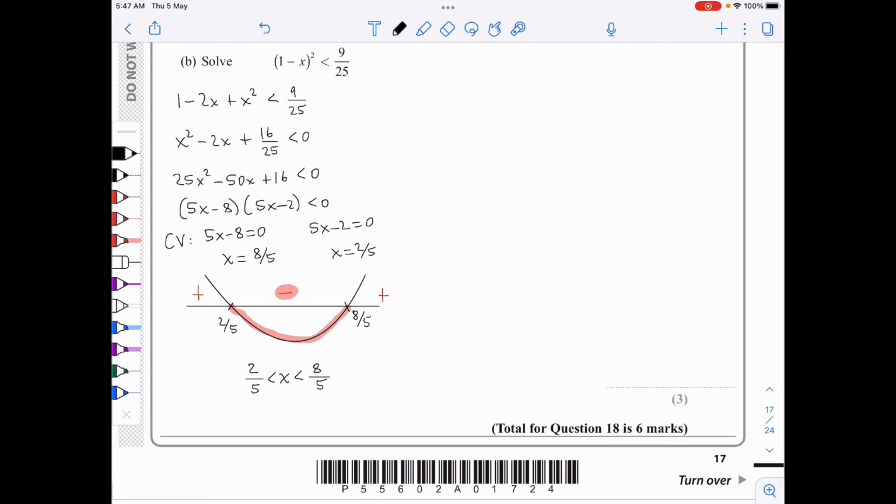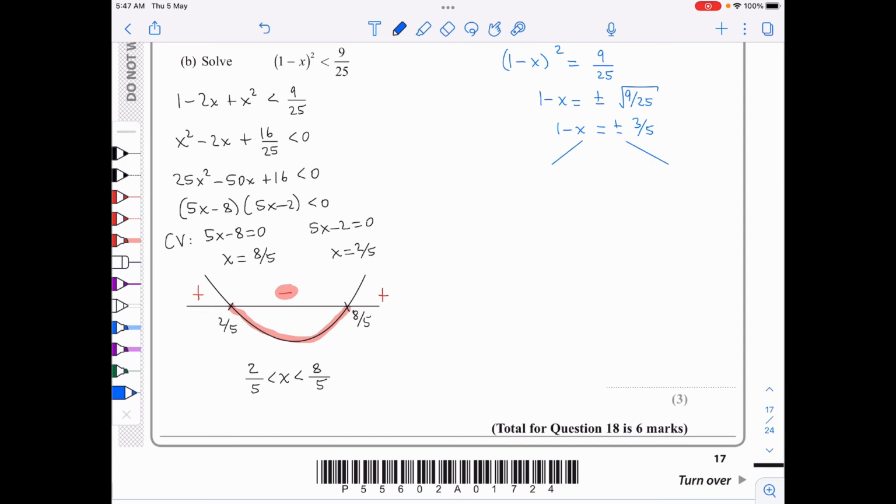An alternative was to just turn this immediately into an equation. So I could say 1 minus x all squared is 9 over 25. So 1 minus x is plus minus the root of 9 over 25, which is plus minus 3 over 5.